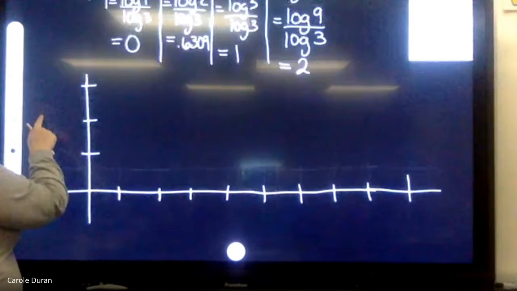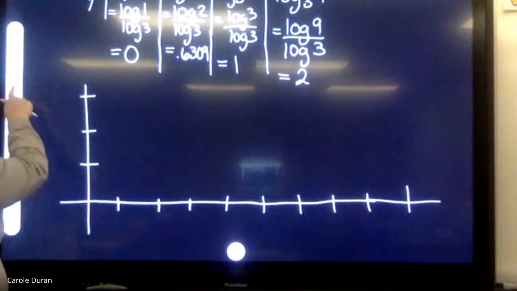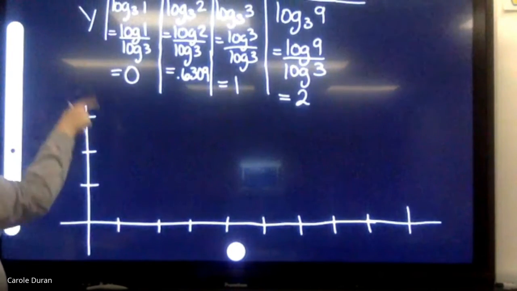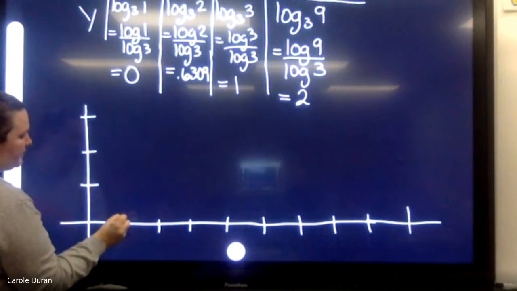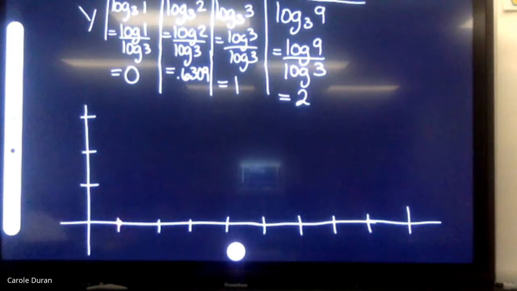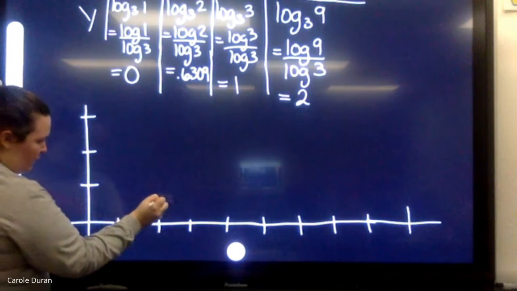So at 1, I guess I should scroll down a little bit farther. My y value was 0. So 1, 0 is the first point I'm going to put down. When I plugged in 2, my answer was 0.6309, which is a little over halfway to 1.